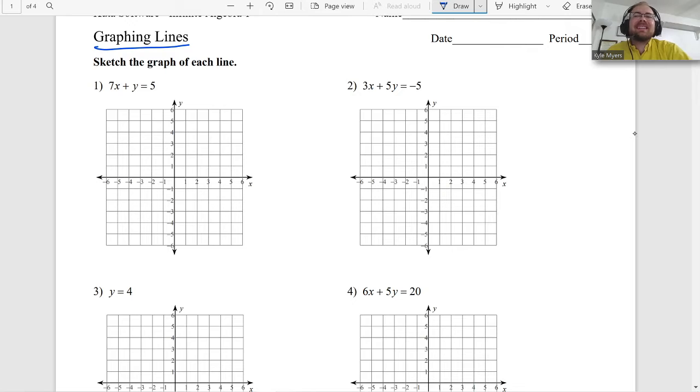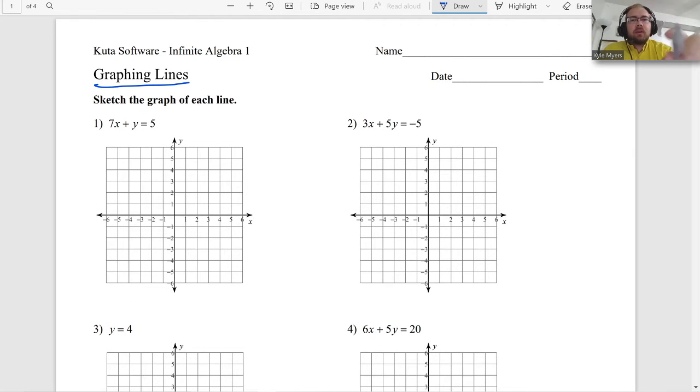This is graphing lines. Again, this is another worksheet. The one that I did last week was on how to sketch the graph of a line, meaning just graph it, put it on the graph, if it's in what's called slope-intercept form. Slope-intercept form is y equals mx plus b.